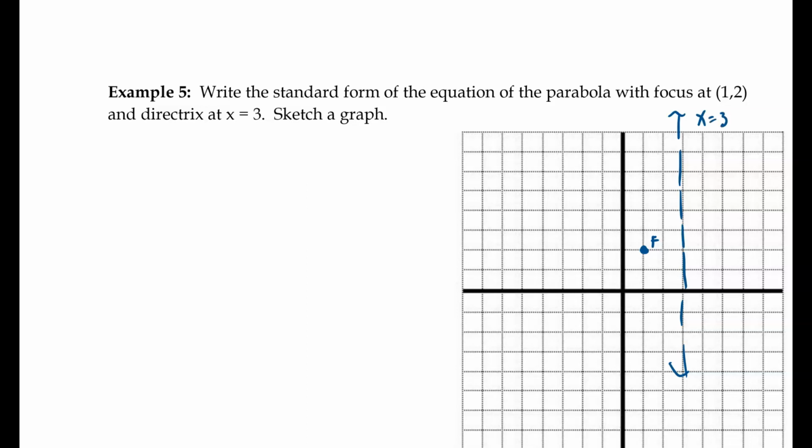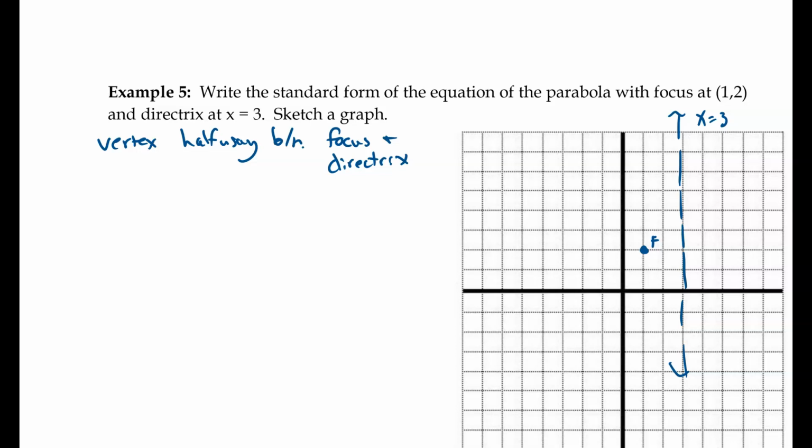Now remember a couple things you need to remember. Remember, the vertex is halfway between the focus and the directrix, right? So with that, and guys, here's the thing. I'm going to tell you right now, we're going to kind of head slow through this, a little bit slower than what we were planning on.